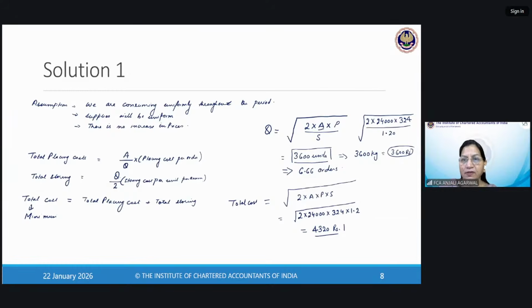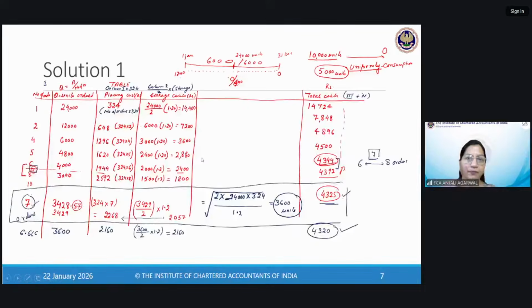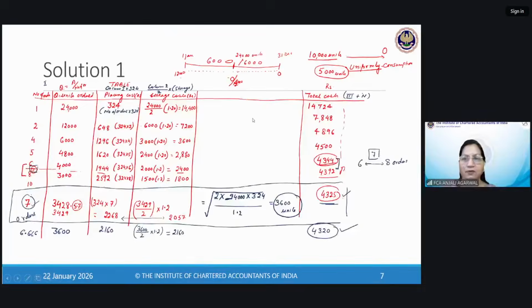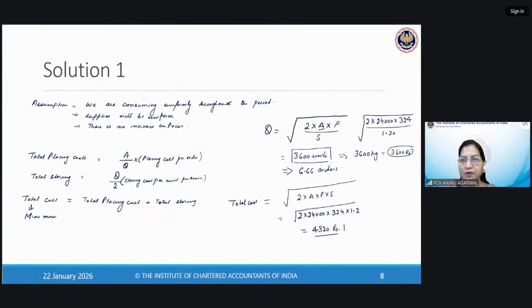So whatever the A is given in, 24,000 bearings. So our answer is how many units should be ordered? 3,600 bearings should be ordered at a time. And 6.66 orders. So practically it is not possible to place 6.66 orders. Right. Total cost is 4320.